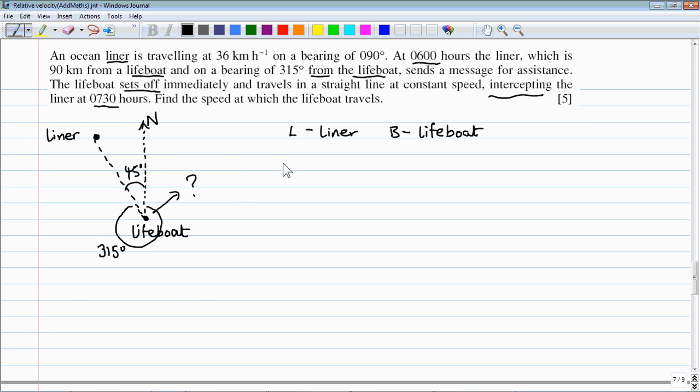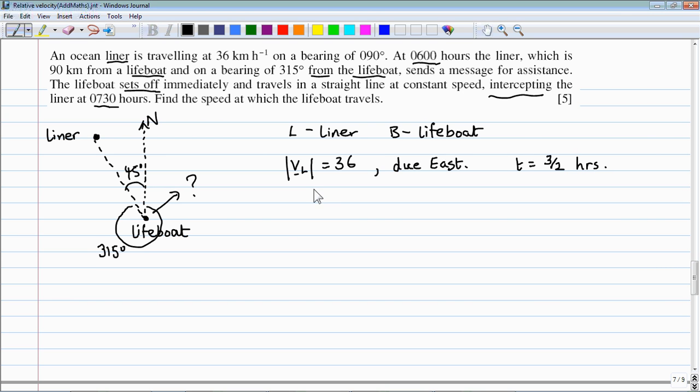What do we already know? First of all, the velocity of the liner has magnitude 36 in units kilometers per hour. Let's be careful about that. And we know its direction is due east. What else do we know? The time taken for the whole journey is 3/2, measured in hours.